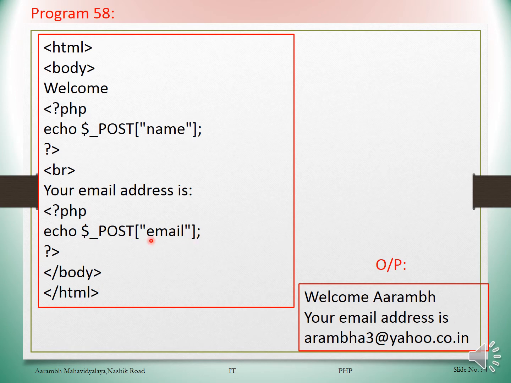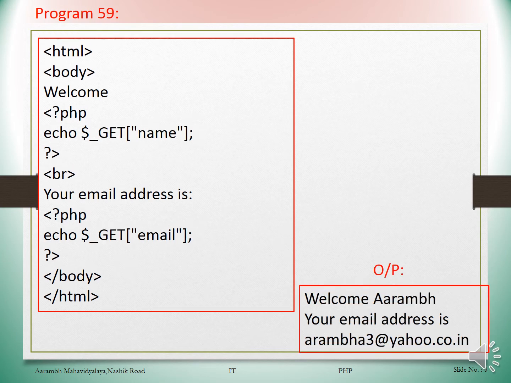In the previous screen we provided the email address as aramba3@yahoo.co.in, which is displayed here. Okay, this is the simple structure to design the action form or action file. Here we have used the post method. Now in this program we will use the get method.